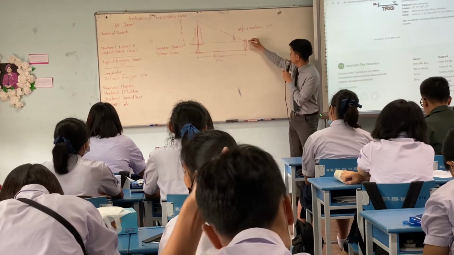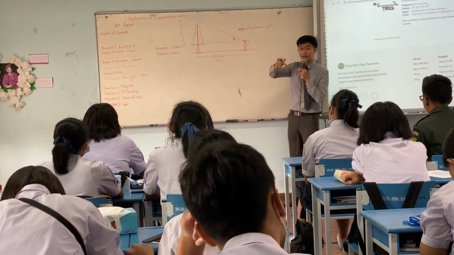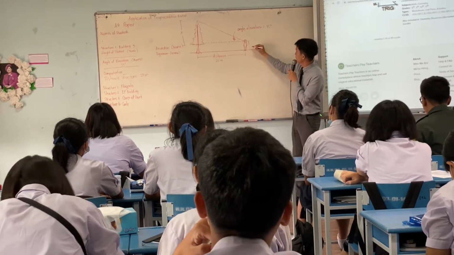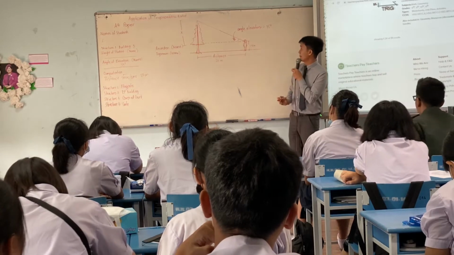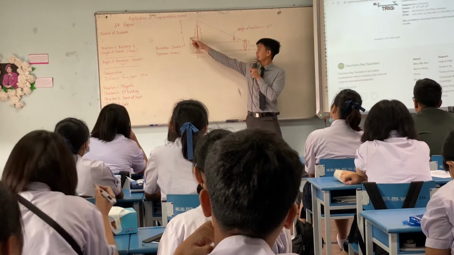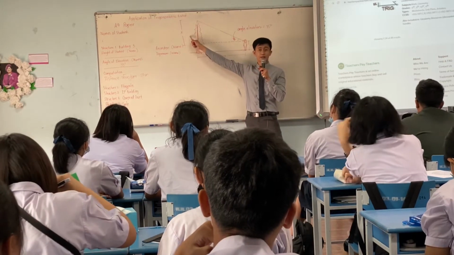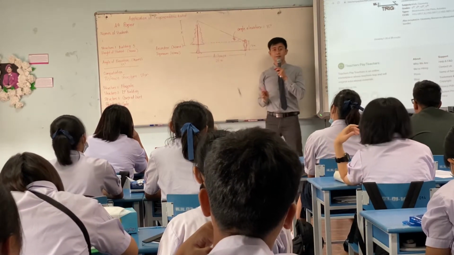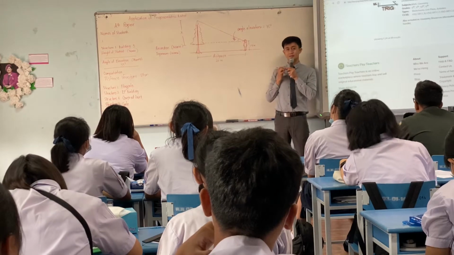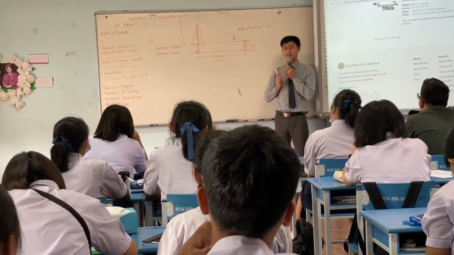And we are going to add the height of the student, for example 1.71 meters. How are we going to find the value of x? What ratio can we use? Cos? Sine?